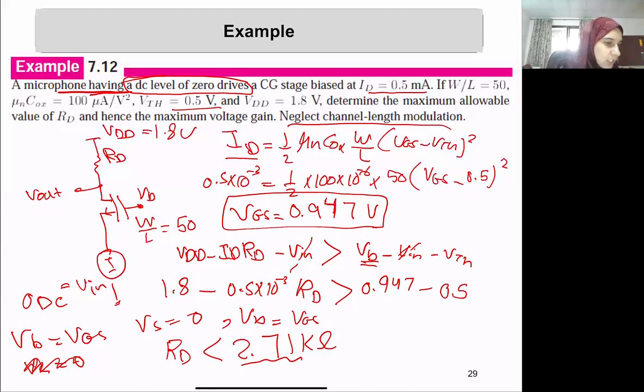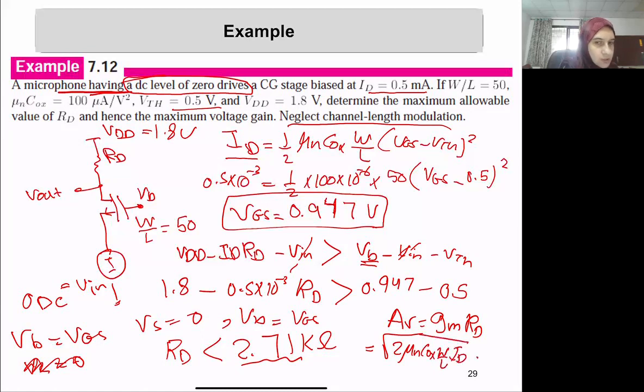Okay, now what's the gain at this value? We know that the gain of a common gate is GM times RD. Now we need to calculate the GM. GM is given by, if you remember, square root of 2 mu n COX W over L times ID.